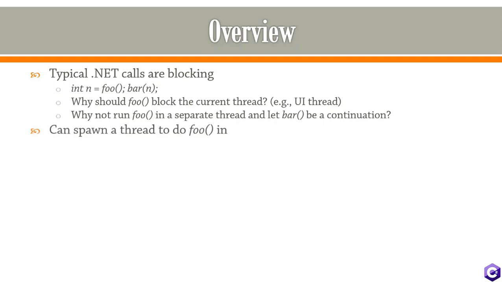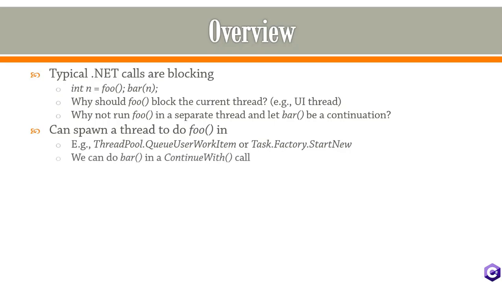You can just spawn a new thread and do foo in that thread. So in this case, we have ThreadPool.QueueUserWorkItem, or if you want to use the fancy new TPL task pool, that would be Task.Factory.StartNew, something to that effect. And then, of course, you can take bar and say, well, we're going to have a task doing foo, and bar is going to be part of the ContinueWith call. So it's a continuation of that whole thing.